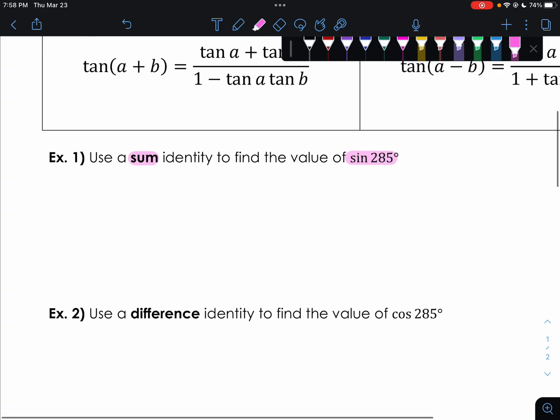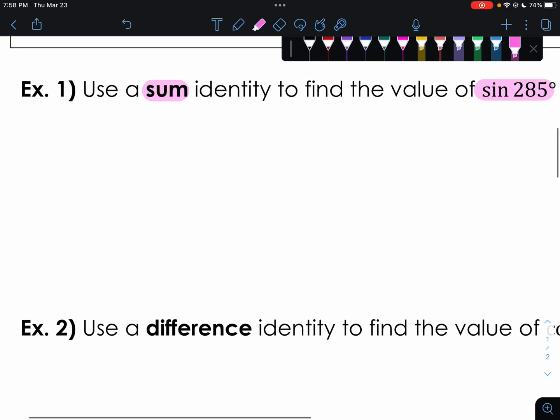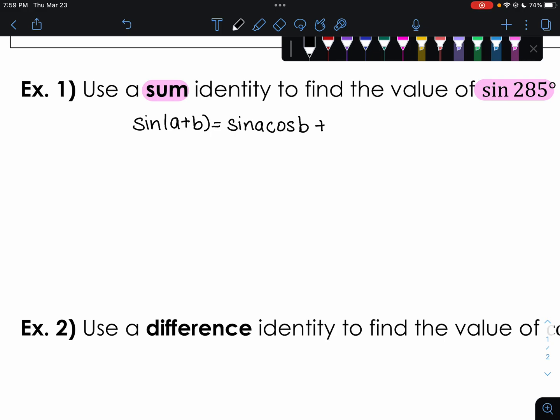So all I'm going to do is rewrite that formula right there. So we get sine of a plus b equals sine of a times cosine of b plus cosine of a times sine of b.